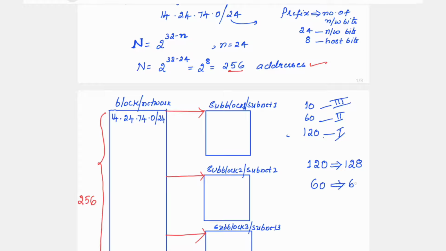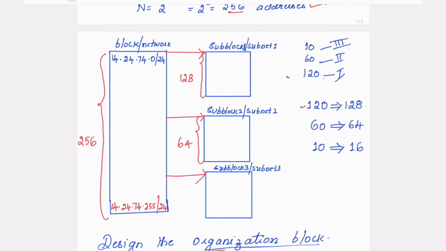The next nearest number will be 64. And even 10 is not a power of 2, so you make it 16. This way the organization has to decide the number of IP addresses in each subblock: subblock 1 with 128, the next one with 64, and the next one with 16. So this is how you have to plan.